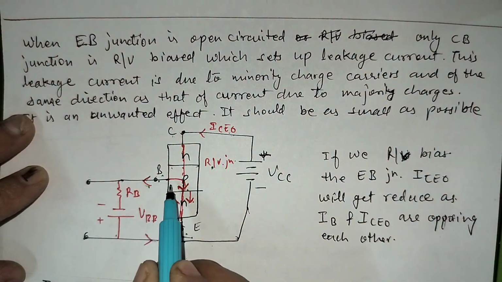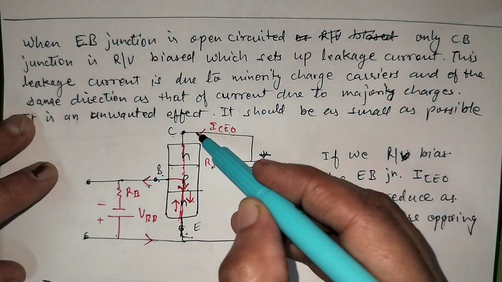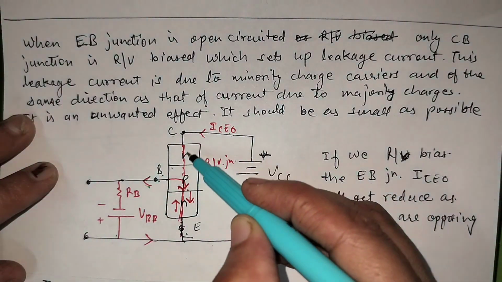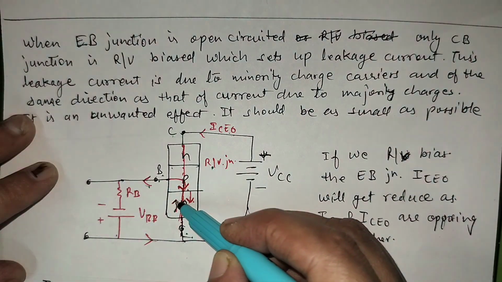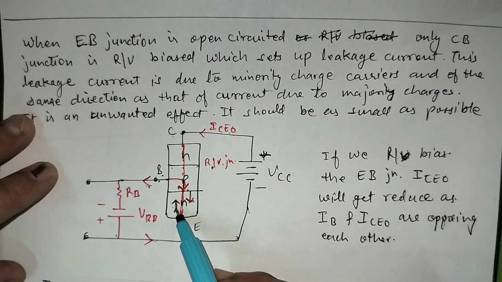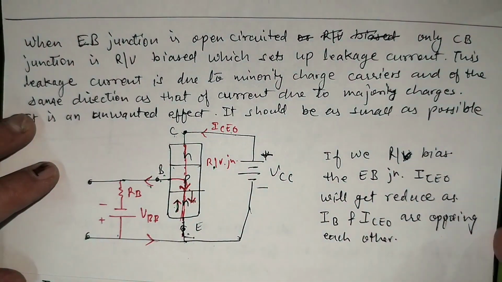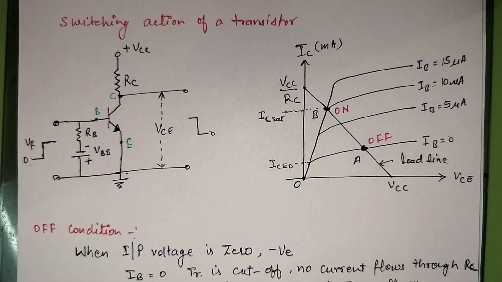We can see here the current will follow this direction, and this is opposing the direction of the ICO current. This means this direction is of the base current and the direction of the ICO current is this. Both these currents are opposing in nature, so this will reduce the effect of the leakage current.